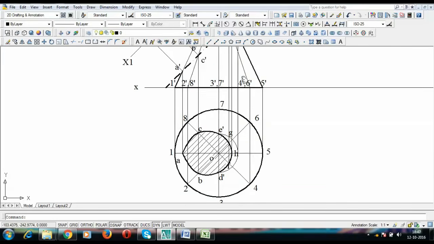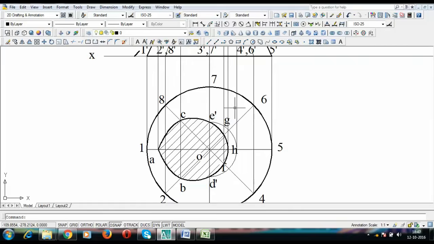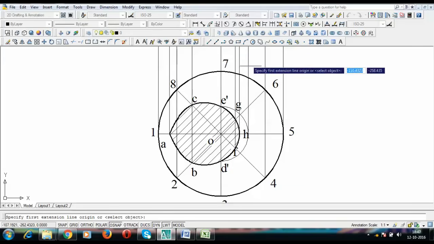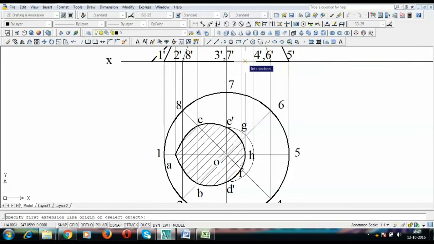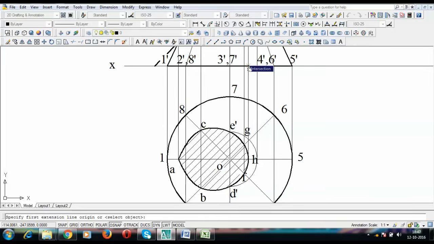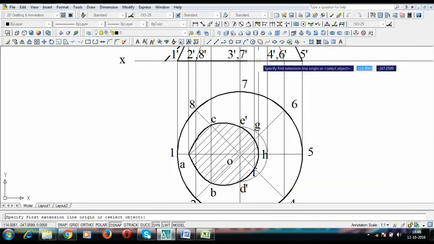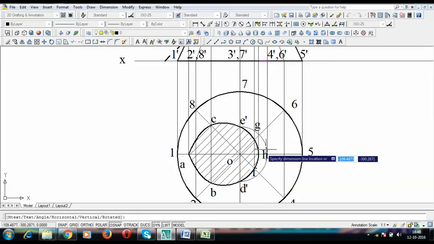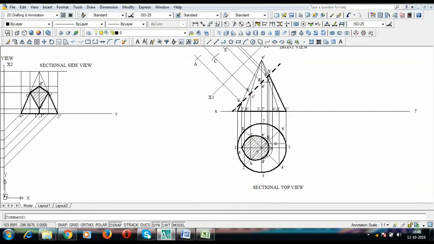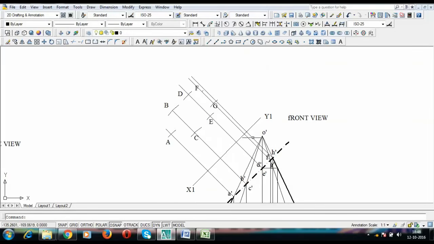It's over here that I need to take this arc. This distance works out as 56. So a final arc of 56 millimeters.